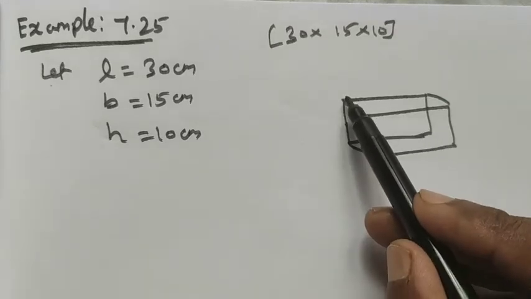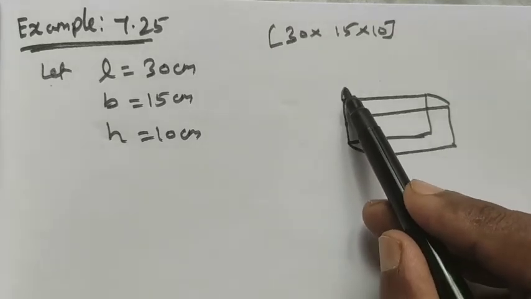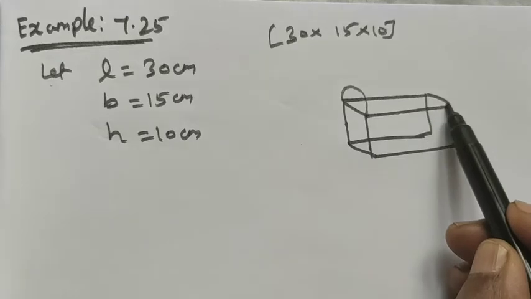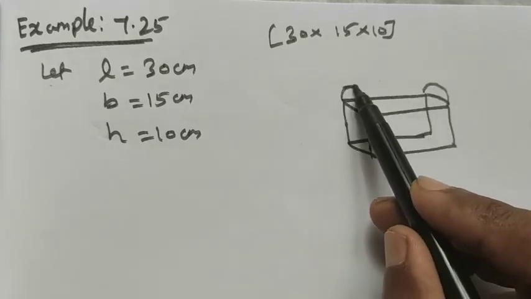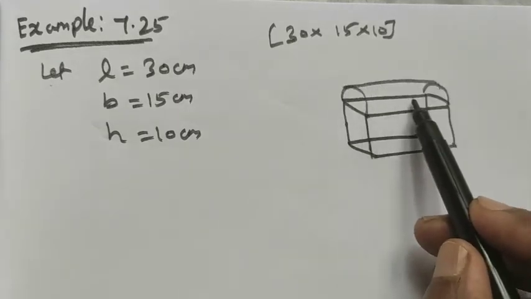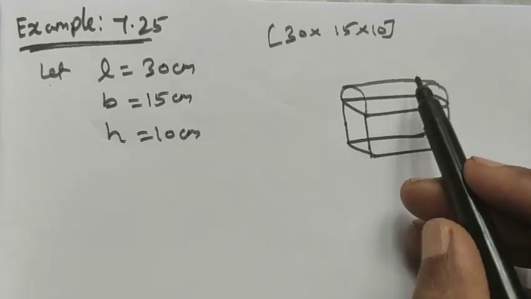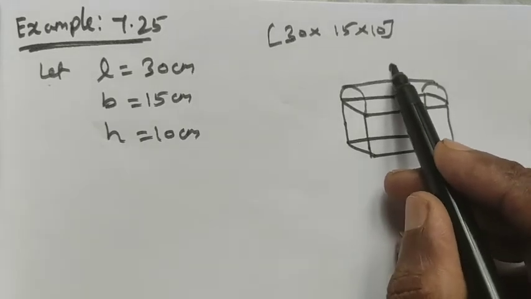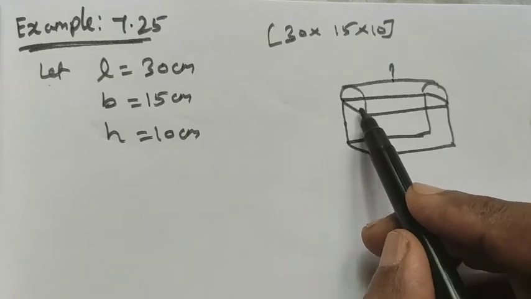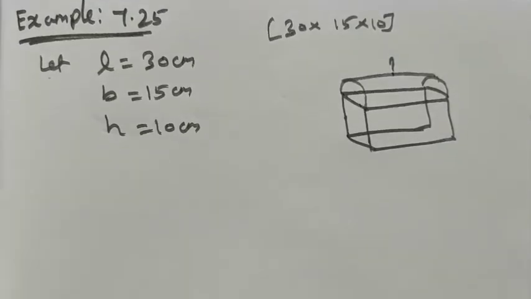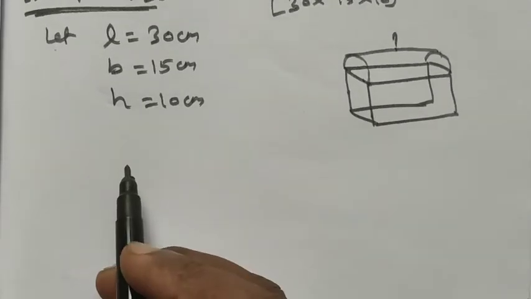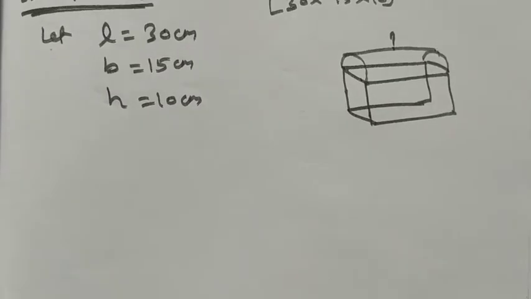And here we have the surmounted cylindrical portion. Here also we have the height. The length of the box is nothing but the height of the cylinder, and we want to find the radius also. Let the cylindrical radius be r.